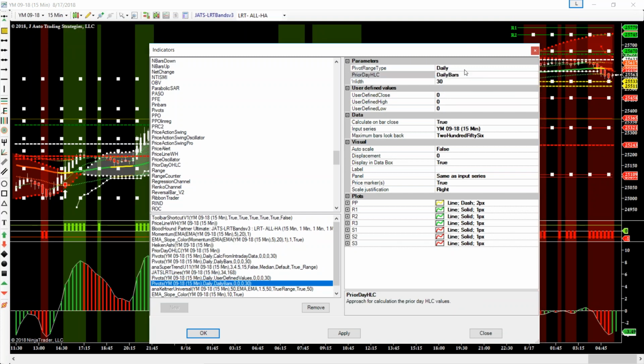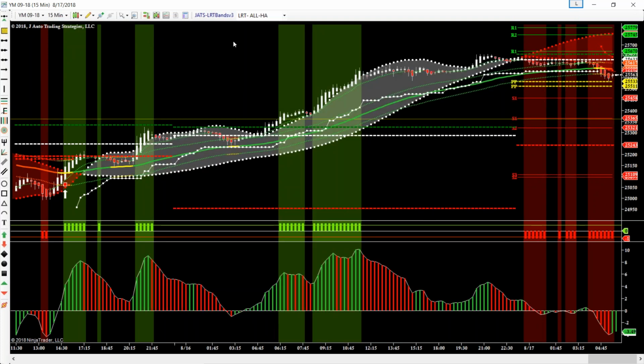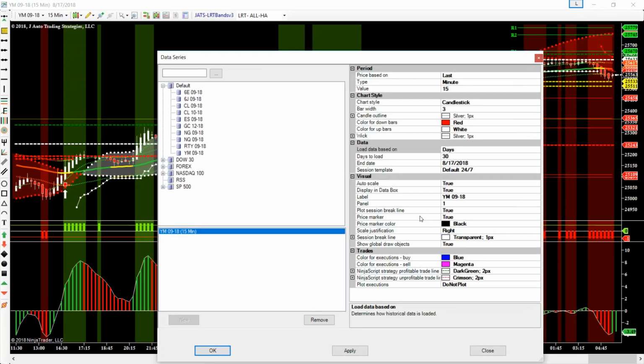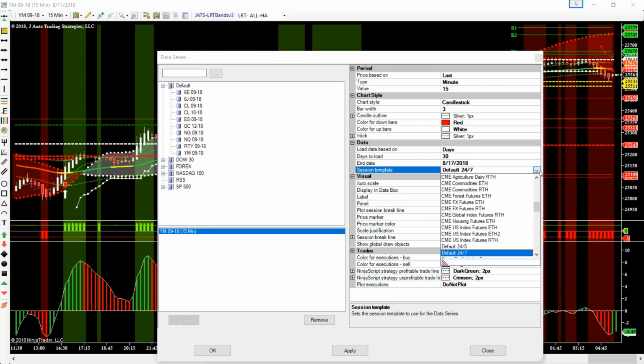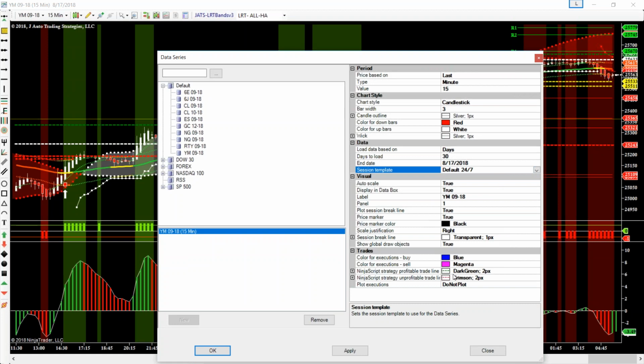So I put two of them on my chart, one calculated from intraday data and one calculated from daily bars. Another setting you need to check is whether you have this on default 24/7, use instrument settings, or your RTH session.